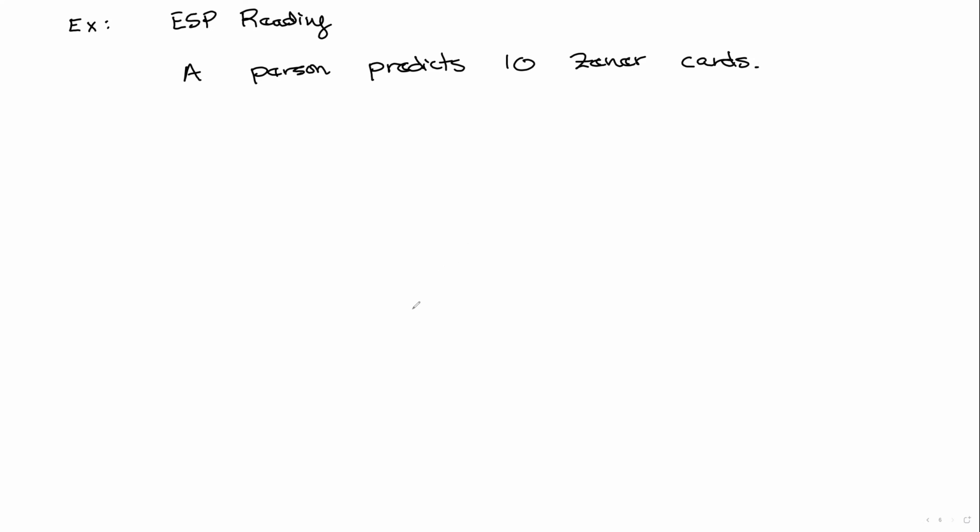Again, just a reminder, each card has 5 shapes, so we looked at that earlier. It's 5 possibilities. That's the way to look at it. What's the probability of getting exactly 5 correct answers?